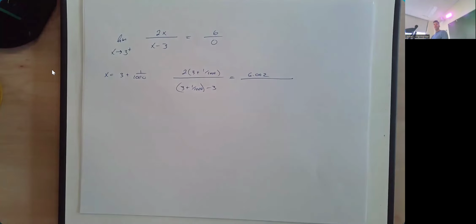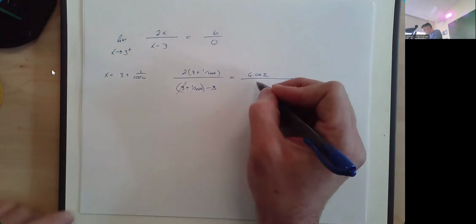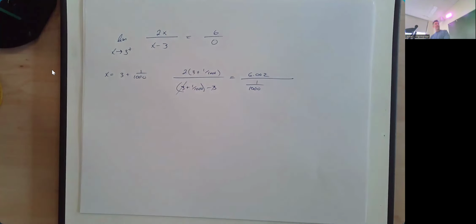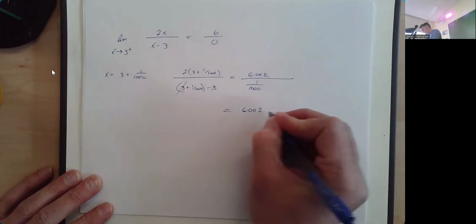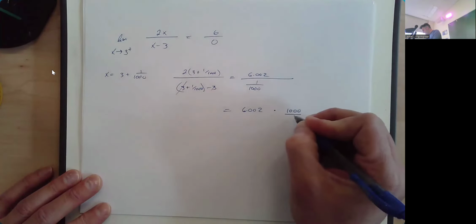But the bottom, 3 minus 3 is 0, is just 1 over 1,000. What is 6 divided by 1 over 1,000? Well, it's the same as 6 times what? Right, 1,000.